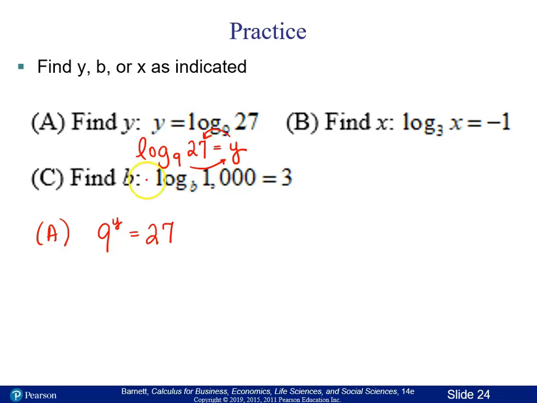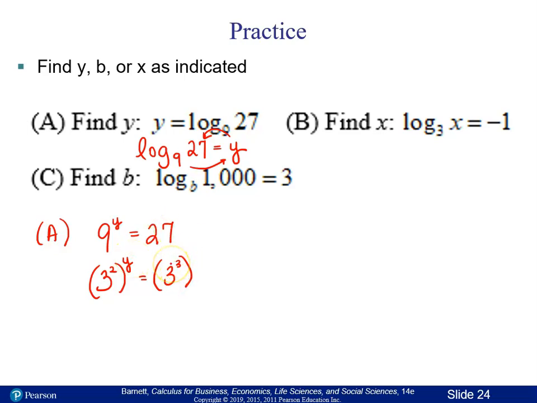Okay, this one is going to take a little bit more work because I'm going to replace 9 with 3 to the second power. I need to get their bases the same in order to solve this problem, and both 9 and 27 can be written with the base of 3. So 3 to the second is 9, 3 to the third is 27.